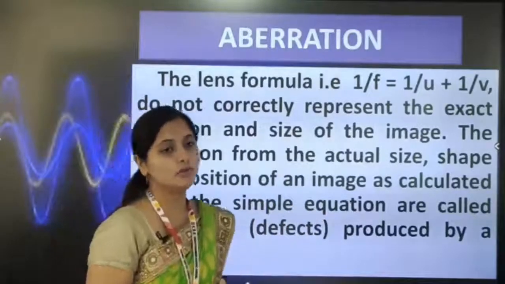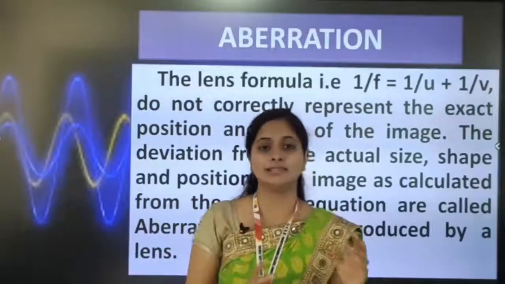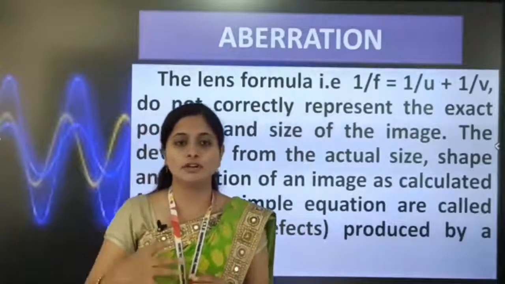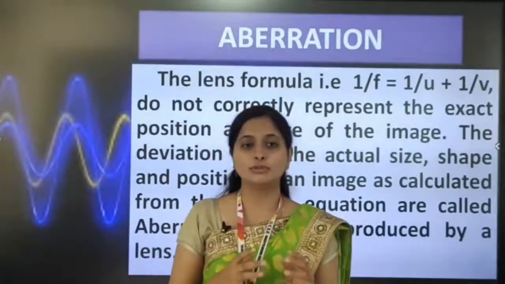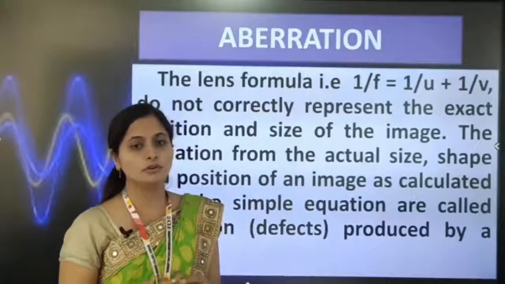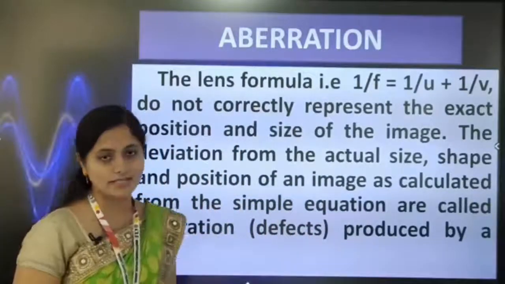So in aberration we are not getting the exact position and size of the image of the lens; we are not getting the exact shape and size, which means some defects are present. In general that defect is nothing but aberration, so the calculation is done by a simple equation.